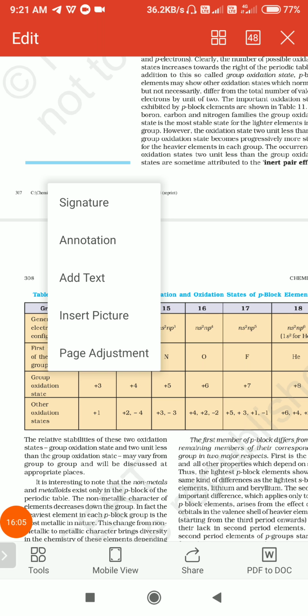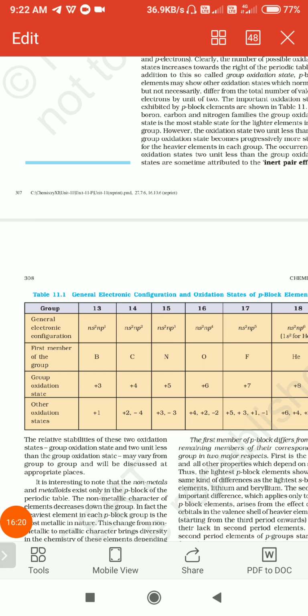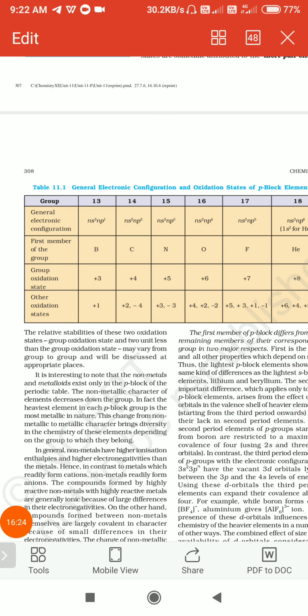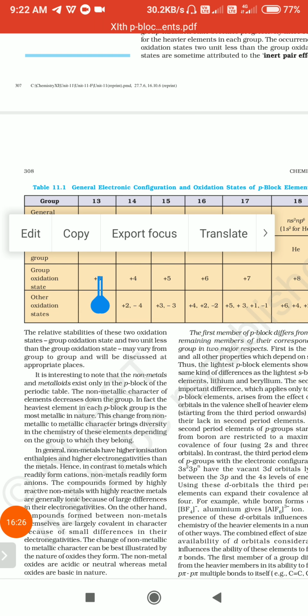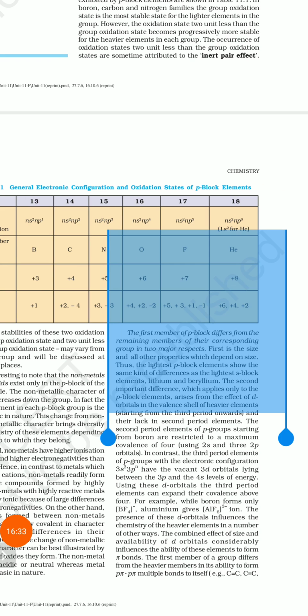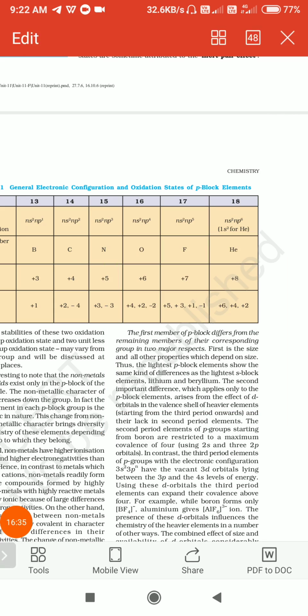Some elements lose electrons, and some elements gain electrons. Losing and gaining happen to get the octet electronic configuration. So these group elements exhibit maximum oxidation states of plus 3, plus 4, plus 5, plus 6, plus 7, up to plus 8.